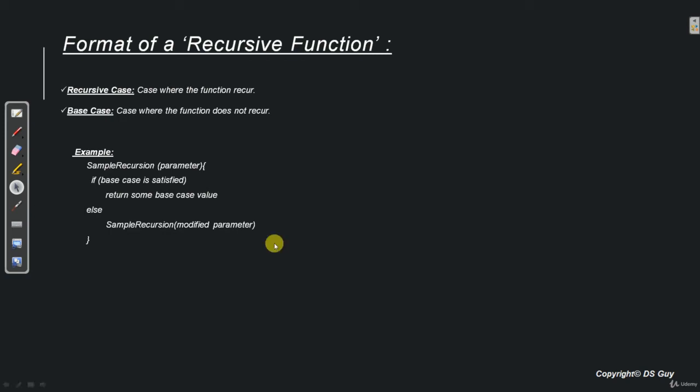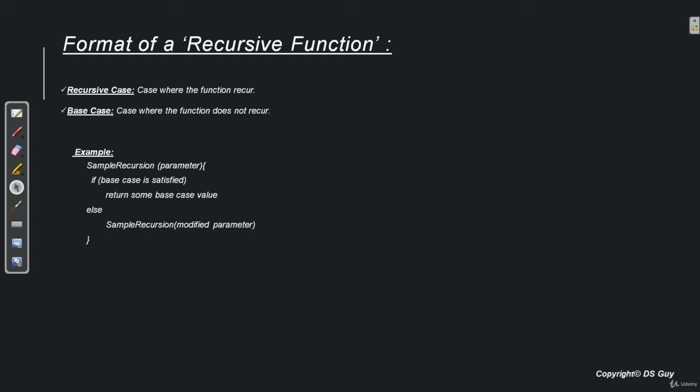Hey guys, welcome back. So in the last video we learned what is the format of a recursive method, whereby we saw that there are basically two cases in any recursive method, that is a recursive case and a base case.